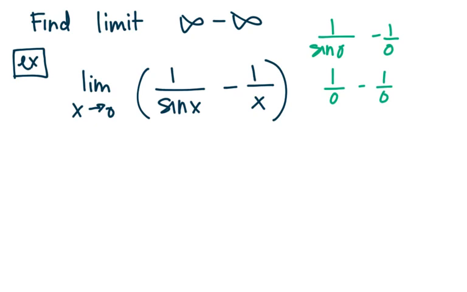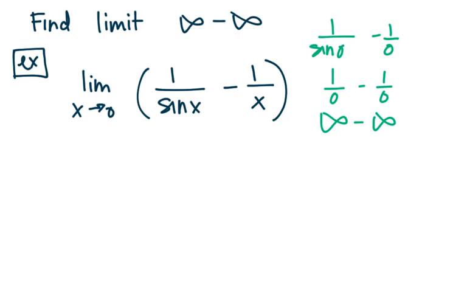Think about approaching 0 from the left or the right side, like 0.000001. When you take 1 and divide it by something really, really small, it becomes infinitely large. So this is why we have infinity minus infinity in this situation.